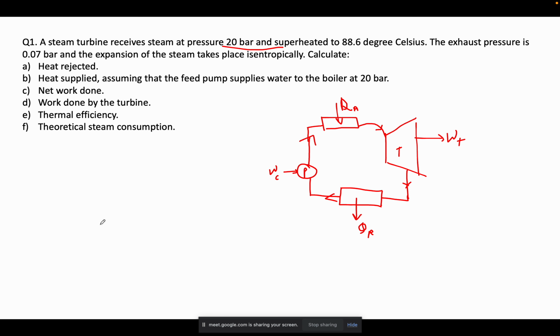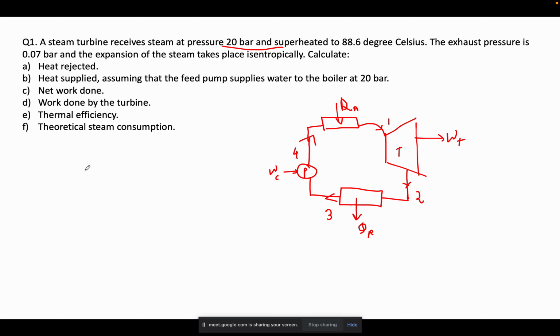We know that this is the schematic diagram, and in order to solve such problems, one more diagram is important to us, that is our TS diagram. So I will name this point as 1, this point as 2, this point as 3, and this point as 4.